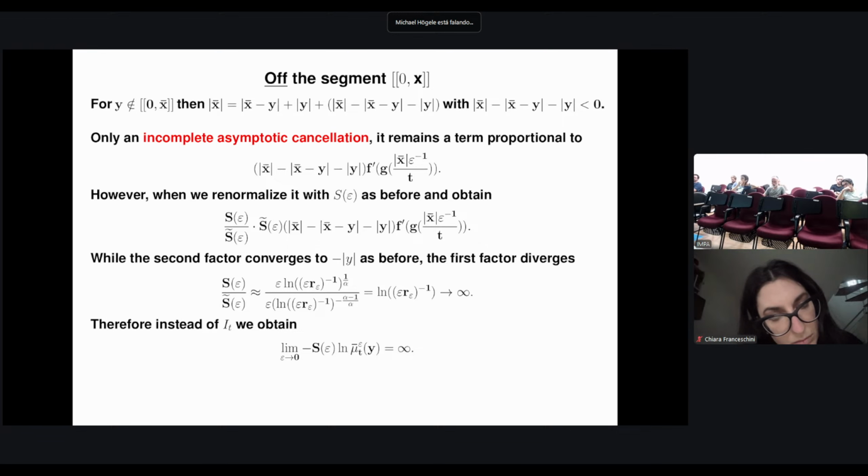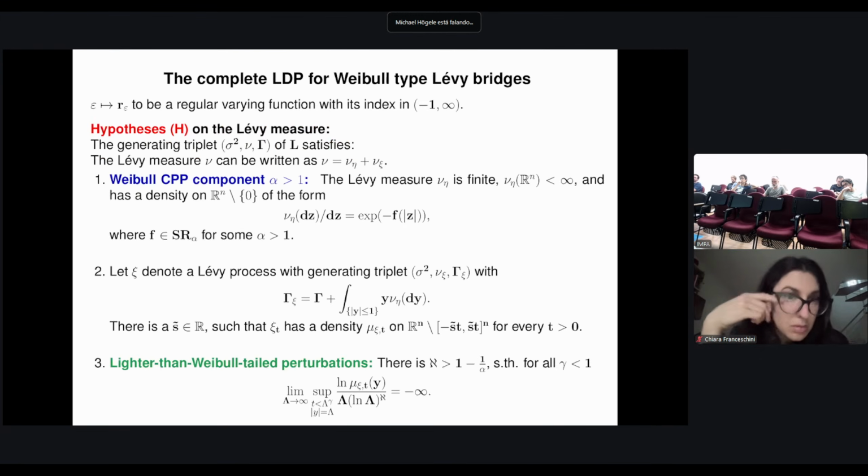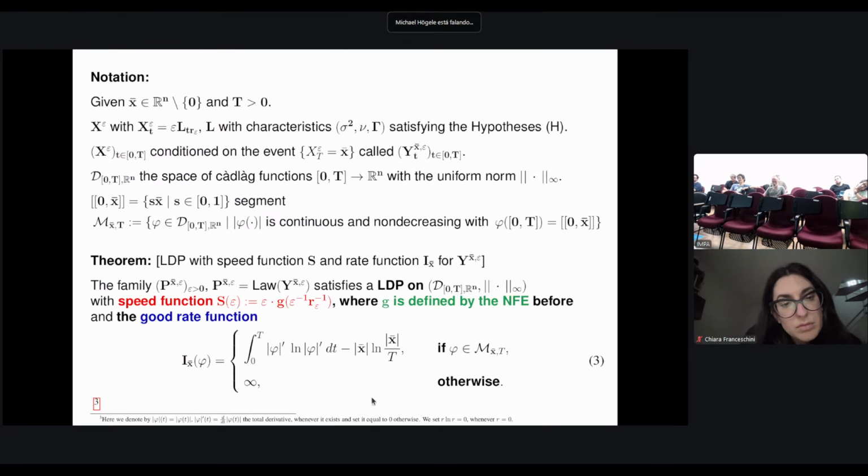In the end, I will be more than happy to answer questions. I just want to write down the complete LDP which we have here. If we have some kind of Lévy process which is dominated by such a Compan-Poisson process, in the sense that you can even add Brownian motion, you can add some kind of drift, and you can have even smaller jumps which are substantially smaller than the densities of the original Compan-Poisson process, then you get this kind of rate function equally as before.